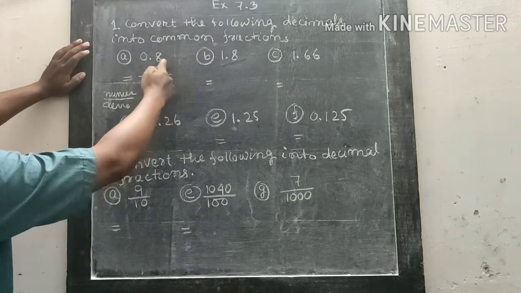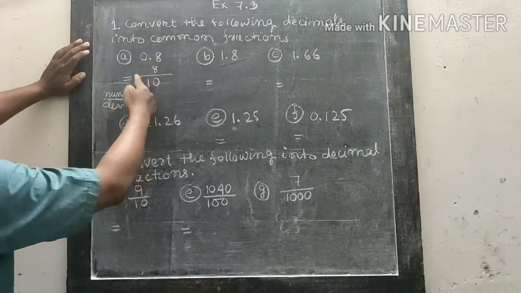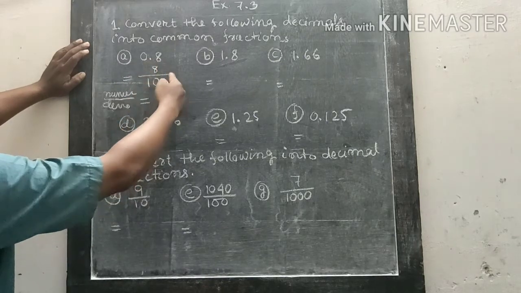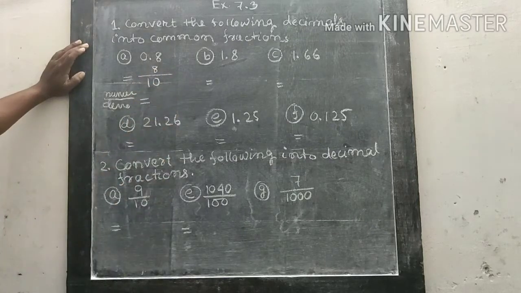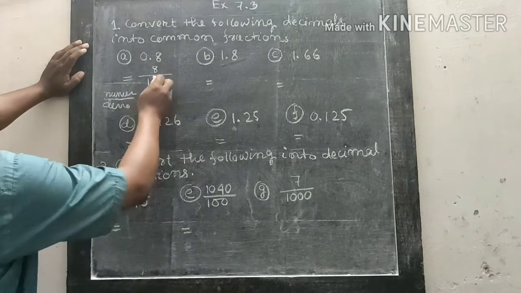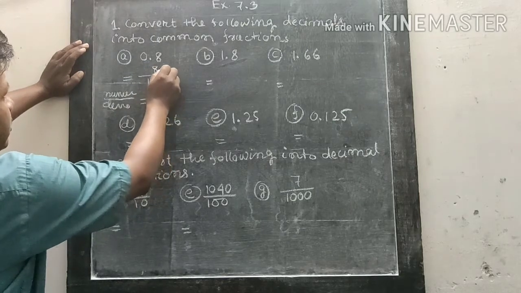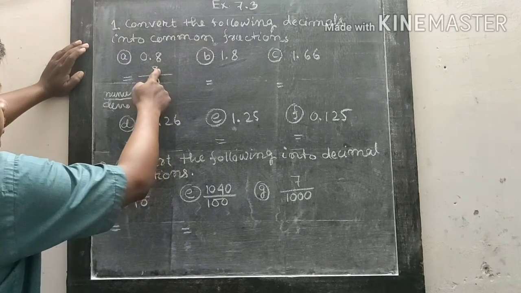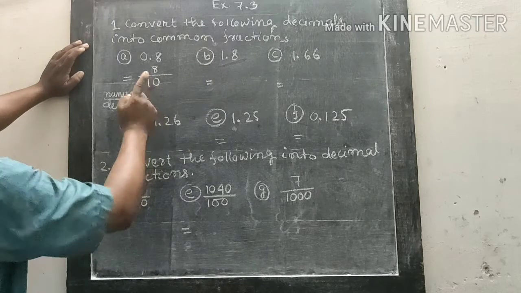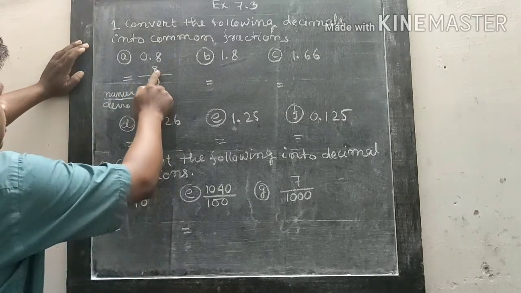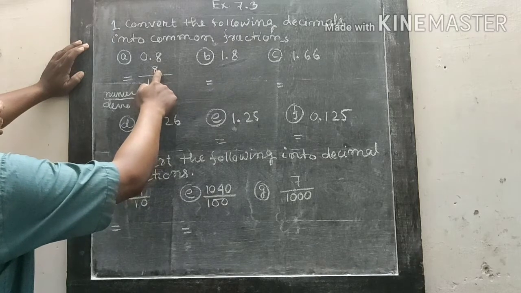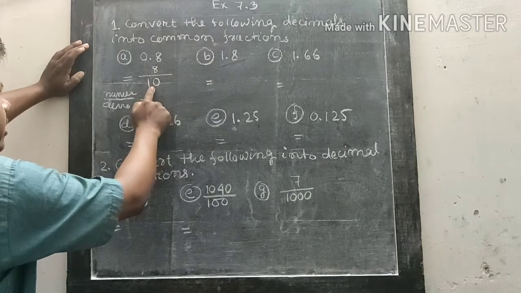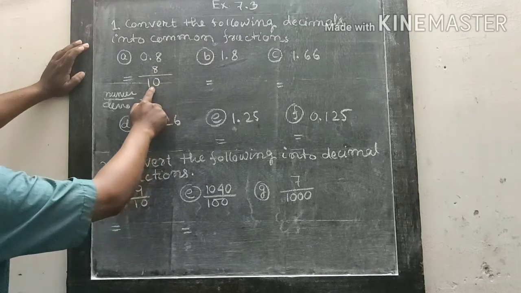Another work we have to do is to write this fraction in its simplest form. Simplest form means 8 and 10 have common factors. See, this 8 is divisible by 2, and this 10 is also divisible by 2.